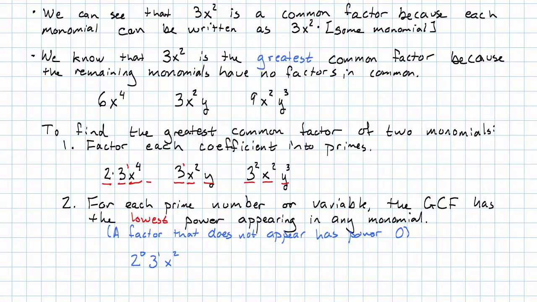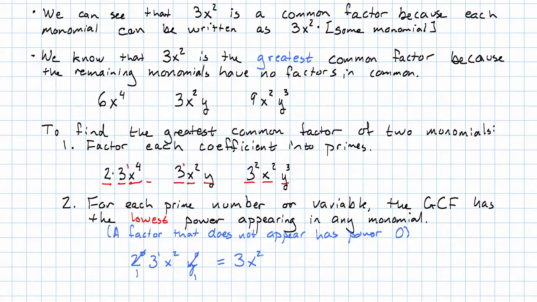The lowest power is 0, so y to the 0 appears in my greatest common factor. Okay, 2 to the 0 is 1, y to the 0 is 1. So I just have 3x squared as my greatest common factor, which we already saw worked.